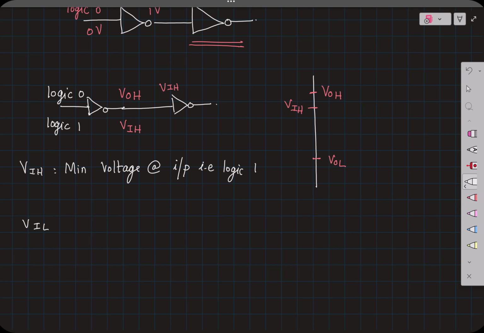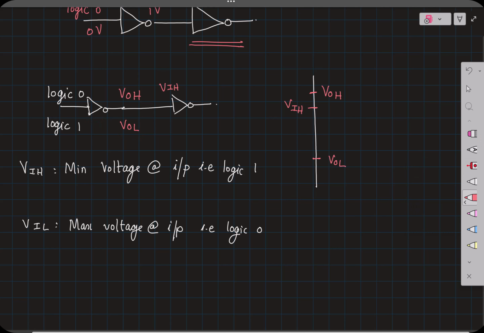Similarly, your VIL is the maximum voltage at the input that will be treated as a logic 0. So now if the first inverter gives you some VOL and the second inverter has a VIL specification associated with it, should your VIL be greater than VOL or smaller than VOL?